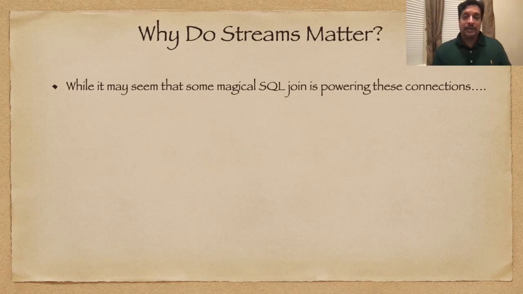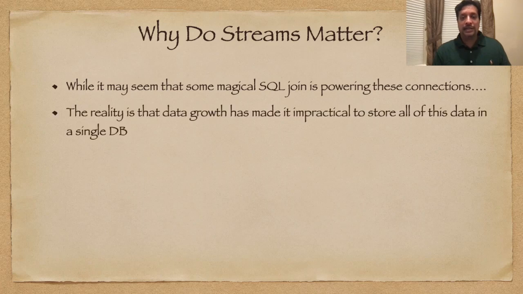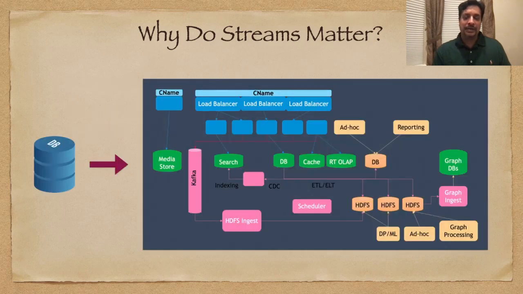While it may seem that some magical SQL join is powering these connections, the reality is that data growth has made it impractical to store all of this data in a single DB. 10 years ago, we would use a single monolithic DB to store all our data. But today, the picture on the right is more representative of modern data architectures that we see.